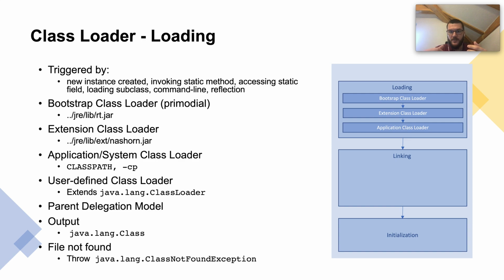The class object contains all the metadata about the class itself. So these are the method names, whether it is a class or an interface, a list of interfaces that, for example, it implements, and everything else. And if the class file is not found, then a ClassNotFoundException is thrown.